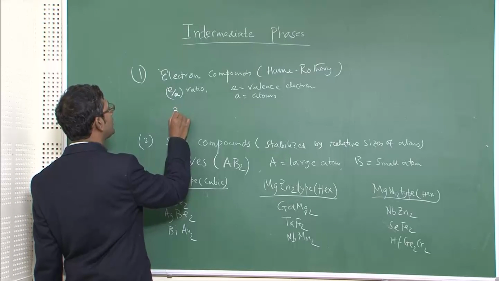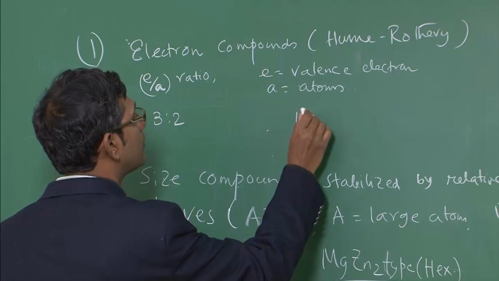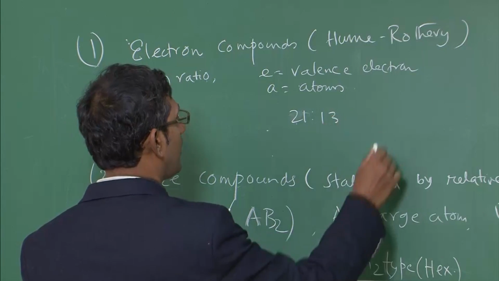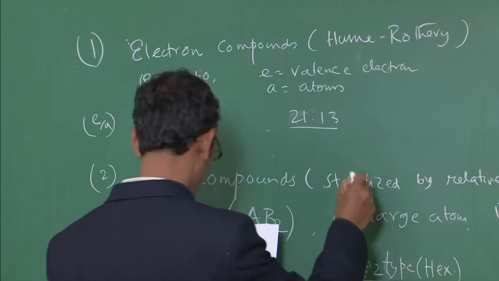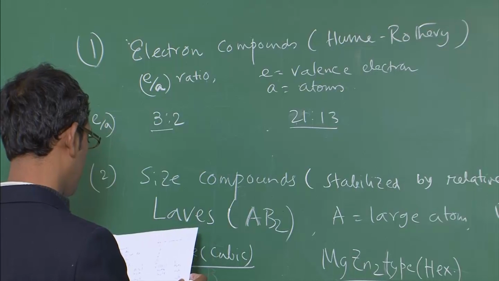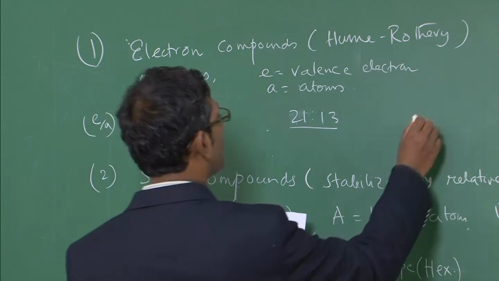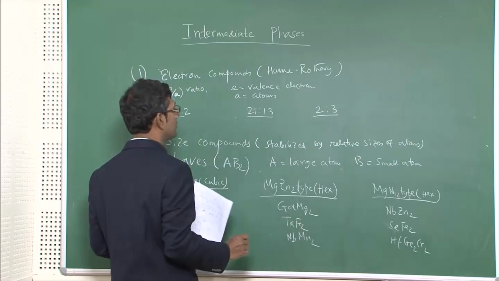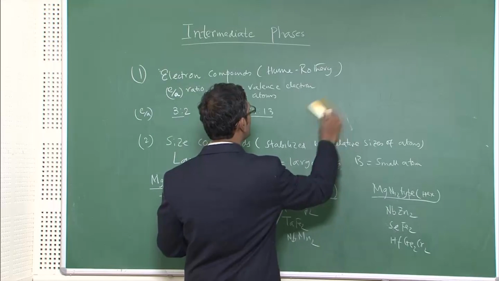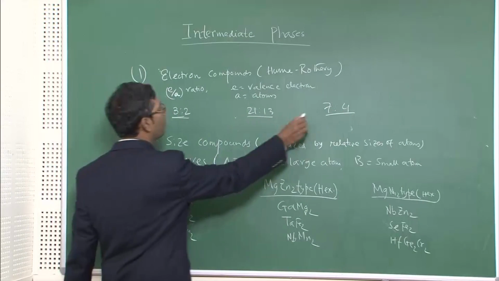These 3 ratios are 3:2, 21:13, and the last one is something else, what is that? Correct, not 2/3, it is 7:4. Sometimes I also forget. So there are 3 ratios at which these compounds are stable.